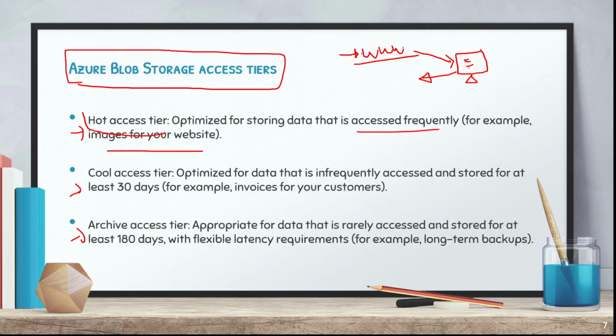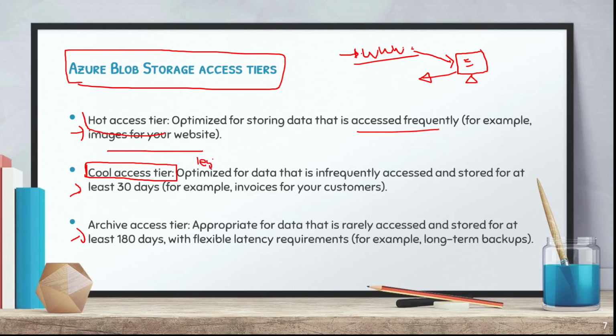But let's say you deployed a web server that will not be used frequently. It will be used once in 30 days or once in 40 or 50 days. In that case, the cool access tier will be suitable for you, because it will cost you less.